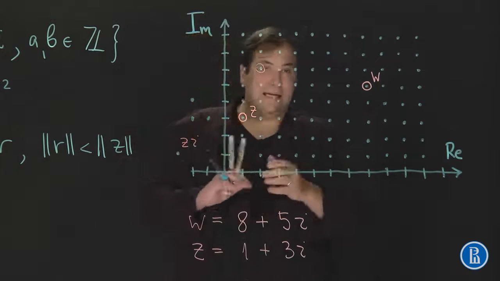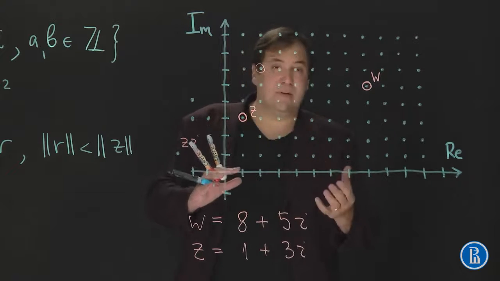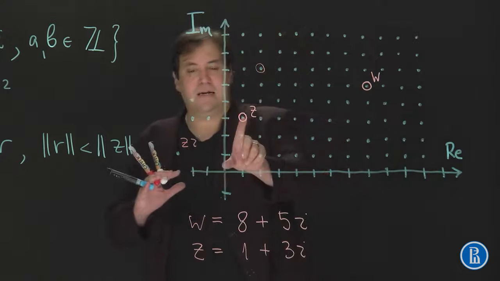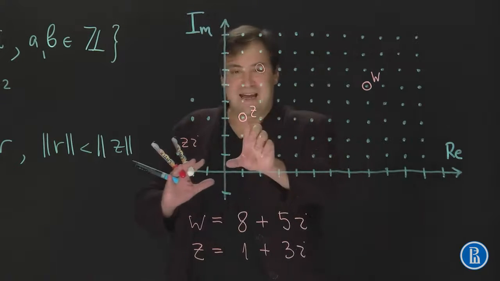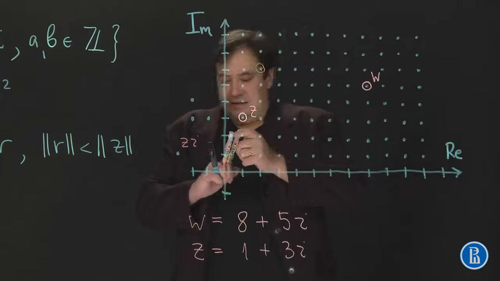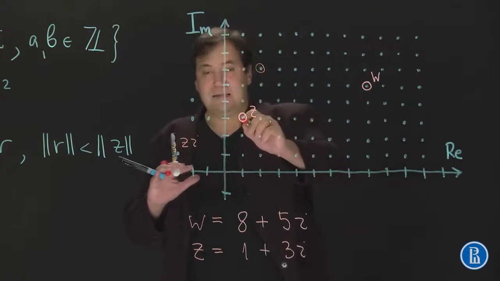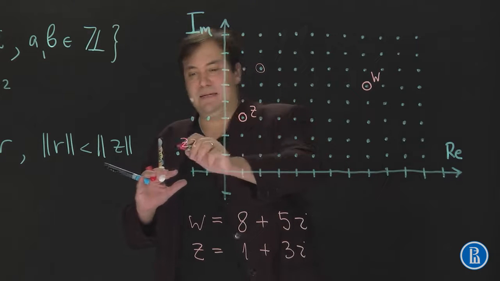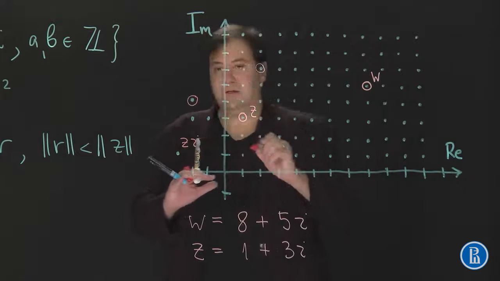This is because multiplication by the imaginary unit is equivalent to rotation by 90 degrees and no change of length, no change of modulus. And when we sum z and z multiplied by i, we will get such a number.